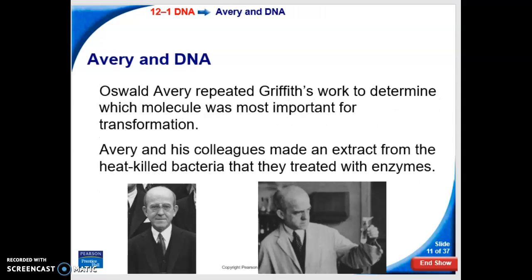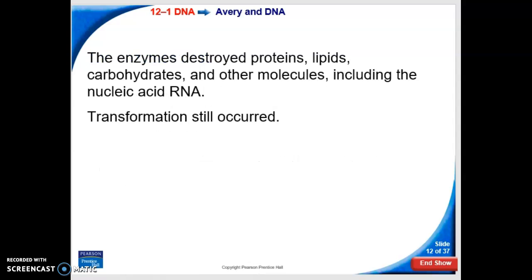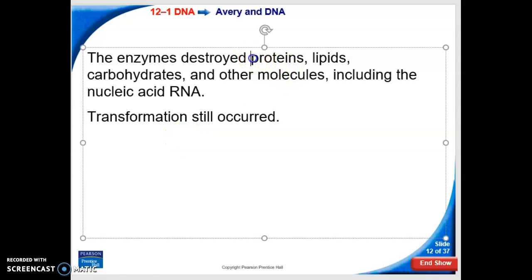This leads us to Avery. And he also took Griffith's work, but he wanted to decide which molecule was important for this transformation. Now he was able to take enzymes, and he was going to destroy different things. Now if you recall from chapter 2, we have proteins, lipids, carbohydrates, and then other molecules.